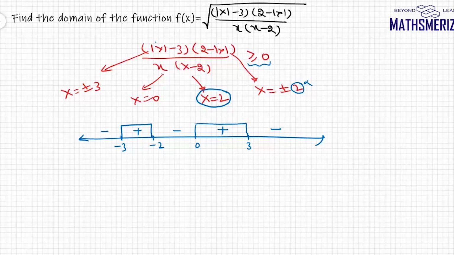So roots of the numerator are plus 3, minus 3 and minus 2, and I have to exclude roots of the denominator. Roots of the denominator are 0 and then 2. So the answer to this question will be x belongs to, from minus 3 to minus 2, union 0 to 2, union 2 to 3.